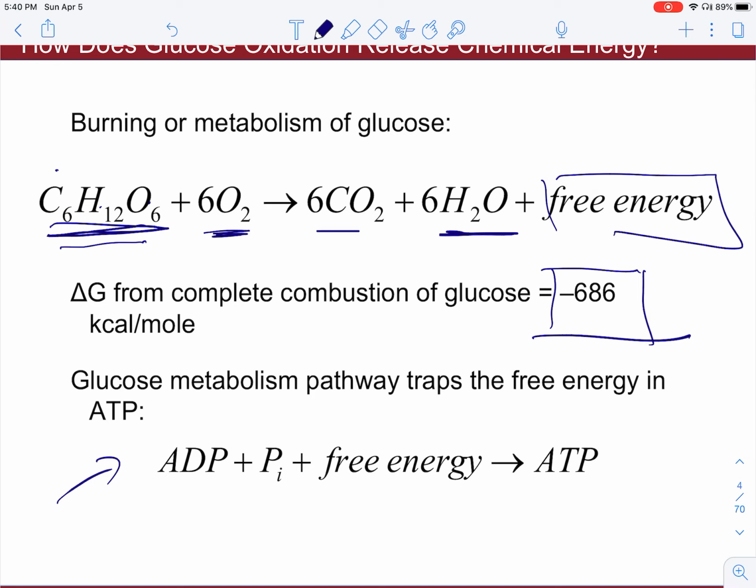And the way we trap it, how we capture this energy is in the form of ATP. So this is kind of like money or current or batteries. So this is energy that the cell can use.